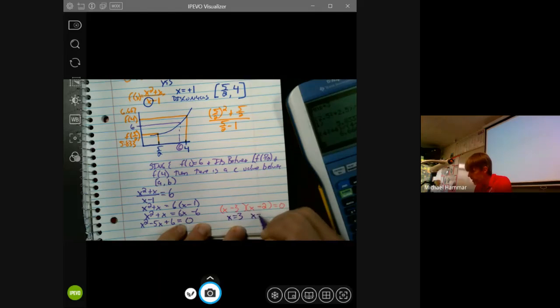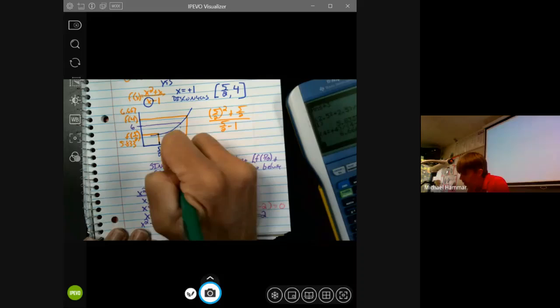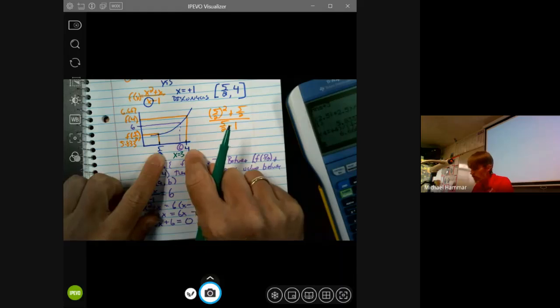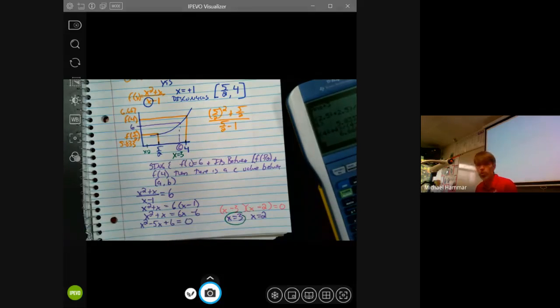My second one is x equals 2. Now, here's the thing you need to think about, though. Only one of them is correct. Which one is it? The one that is correct is x equals 3, because it's the only one found between 5/2 and 4. The other one, x equals 2, is before the 5/2. So our final answer for c is x equals 3.